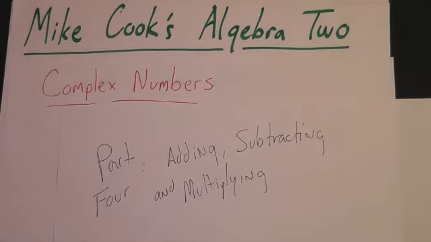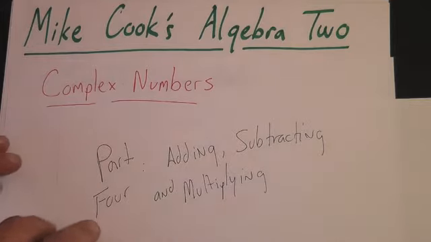Let's look at the fourth video on complex numbers, adding, subtracting, and multiplying complex numbers. So the key rule when you're doing algebra with complex numbers, algebra with i, is that you treat i as if it was a variable. It's not a variable, but you treat i as a variable. That's the first step.